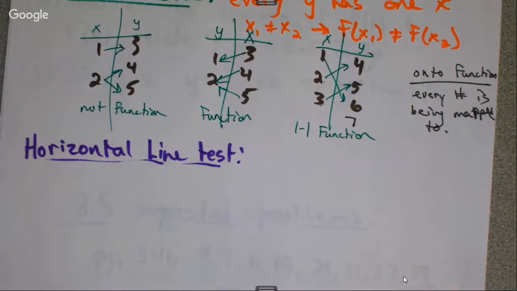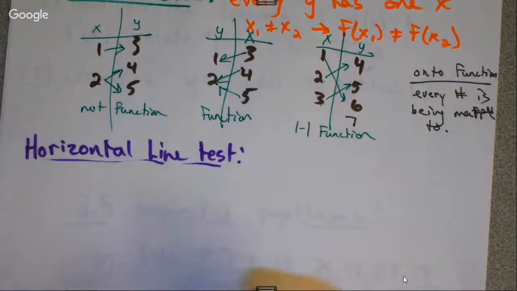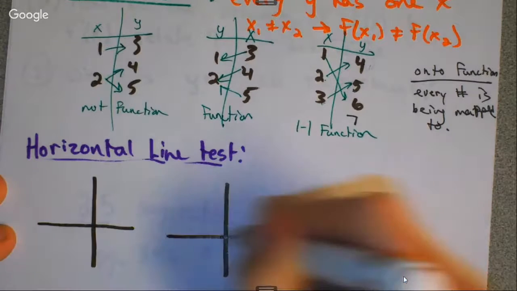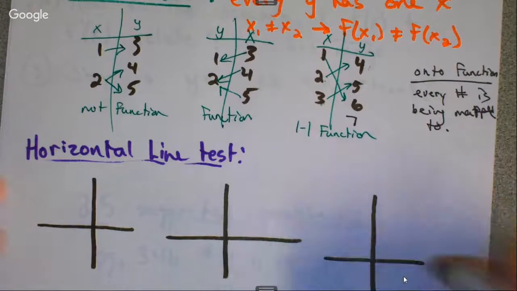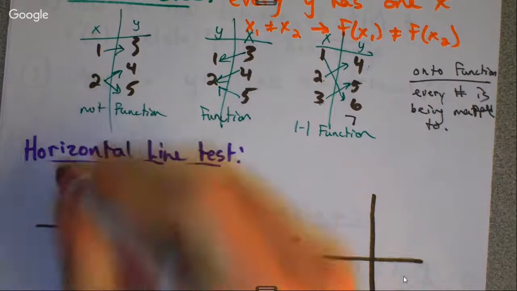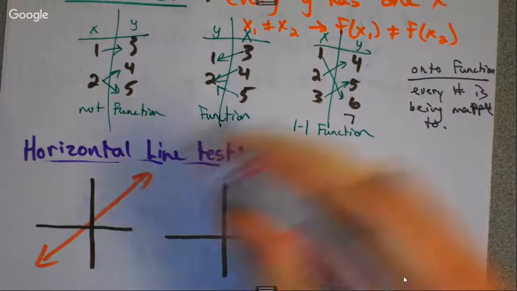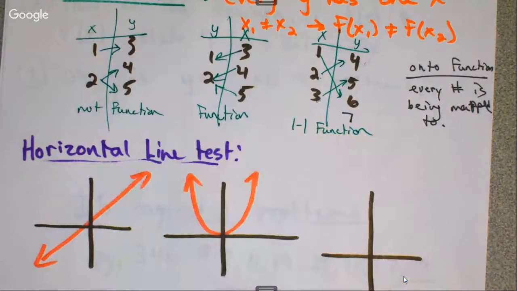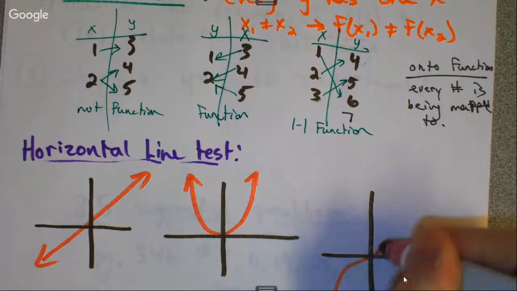We can test for a one-to-one function using the horizontal line test. Remember back when we were testing functions, we used the vertical line test. Here we have the horizontal line test. So if I draw out some common functions, maybe a line, maybe a parabola, and maybe x to the third.